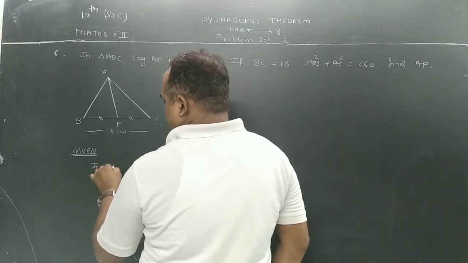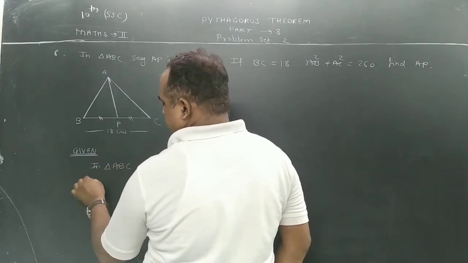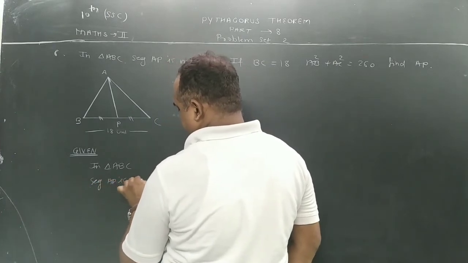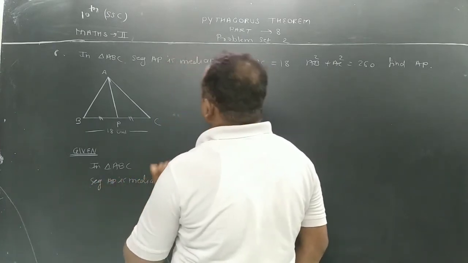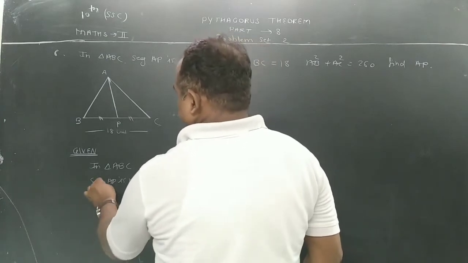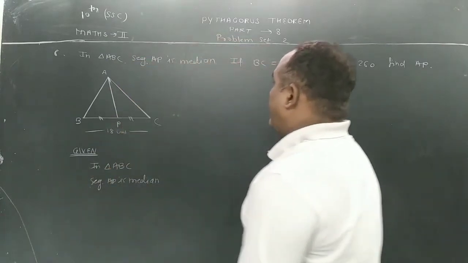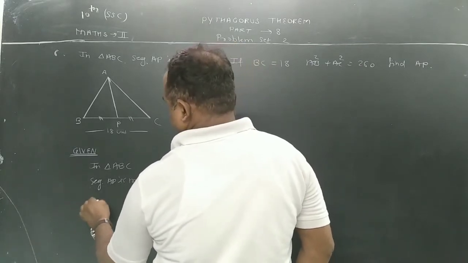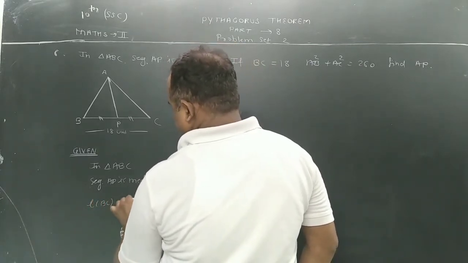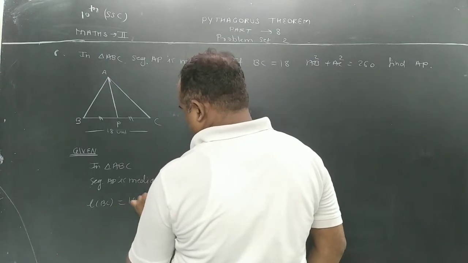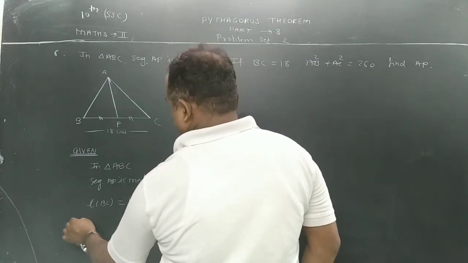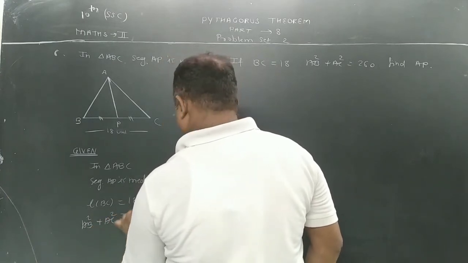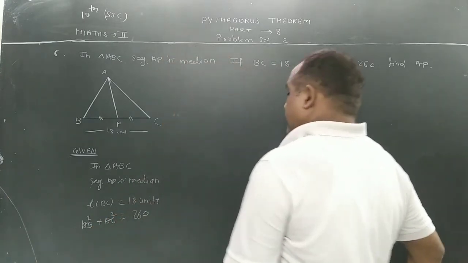In triangle ABC, segment AP is a median, and BC is equal to 18 units, and AB square plus AC square is equal to 260.